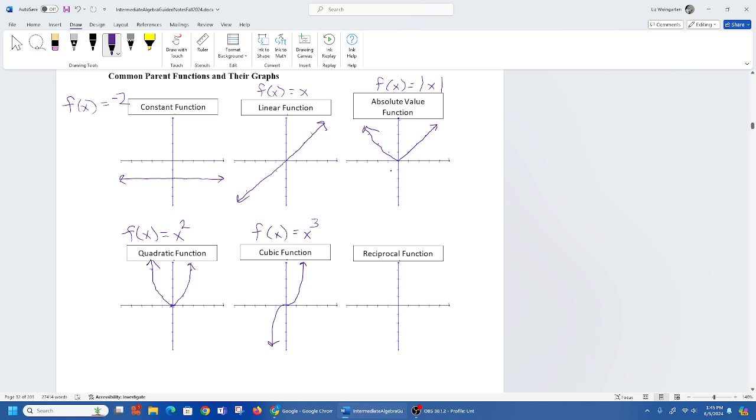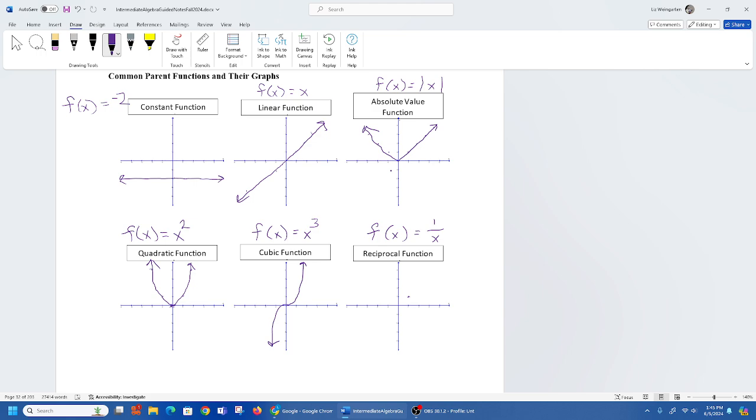The reciprocal function, this is f of x is equal to 1 over x. This is one that you're going to have to graph, so just be careful with it and make sure that you look at this in Desmos as well as taking these notes. The reciprocal function is going to be 1 over whatever number we're putting in for x.